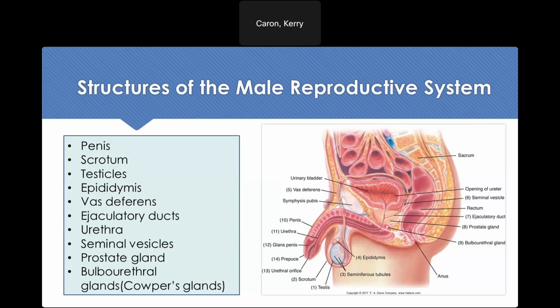There are ejaculatory ducts inside the penis, and then sperm during sex or ejaculation is released from the penis. There's also a prostate gland. Females do not have a prostate gland. And other glands that help maintain semen, essentially.